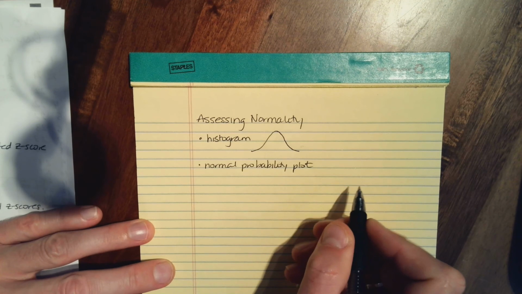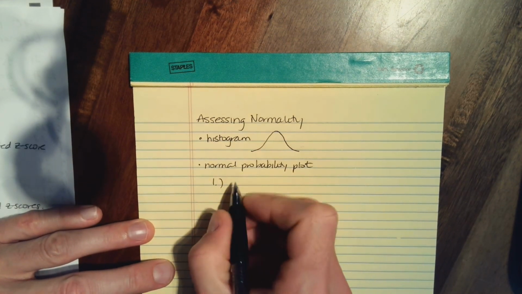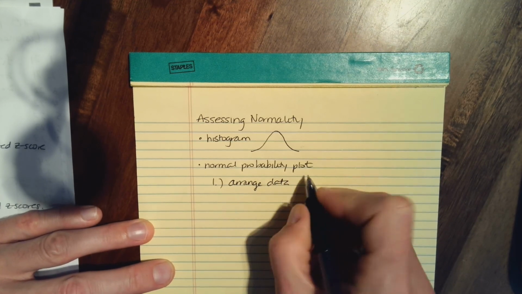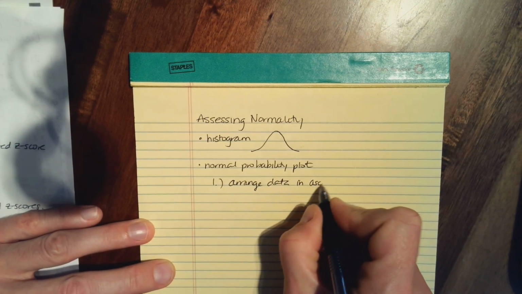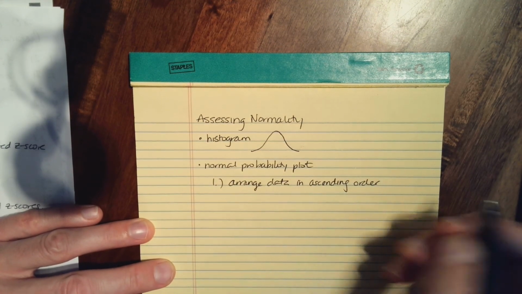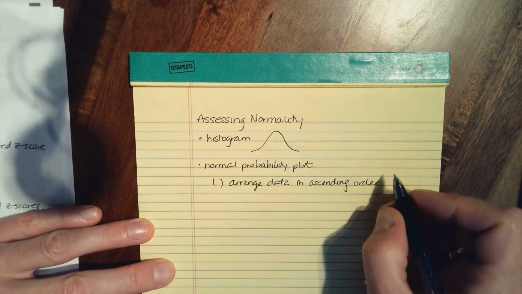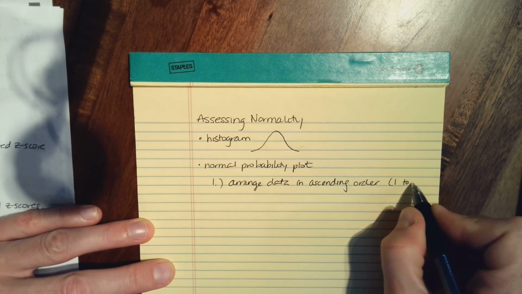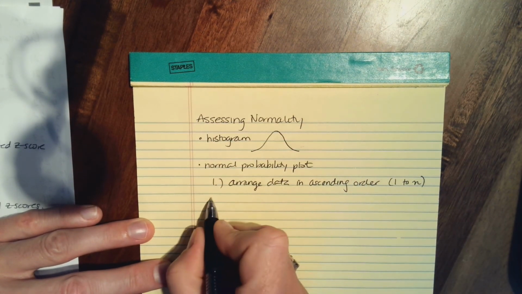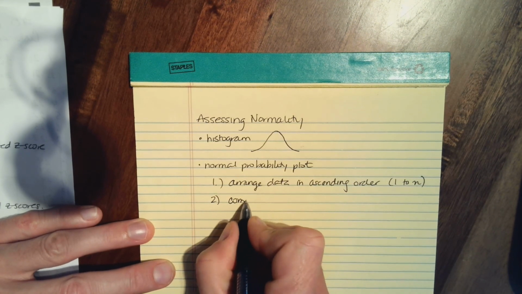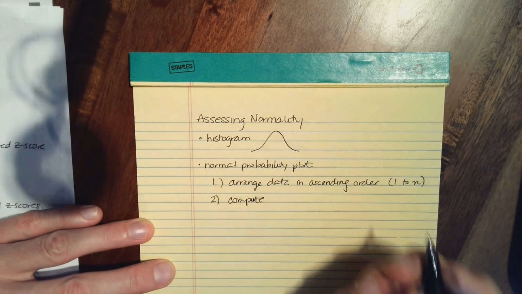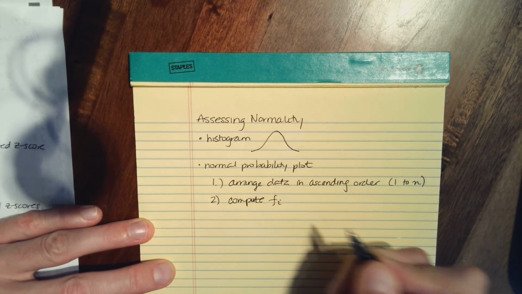The steps for constructing a normal probability plot. The first thing you want to do is to arrange the data in order least to greatest, so in ascending order. And you'll assign an index, so you would number the data 1 to n, where n is however many data points you have. And next, for each one of these, compute f sub i.